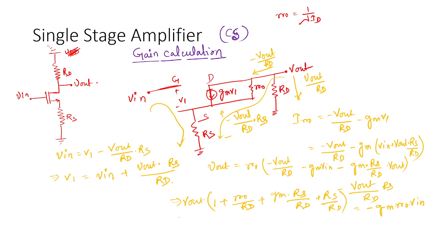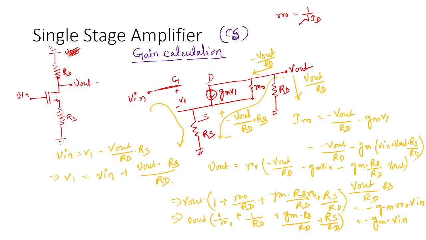Now if you take r0 common on both sides, the equation becomes Vout times 1 by r0 plus 1 by RD plus gm RS by RD plus RS by RD, equals minus gm Vin.